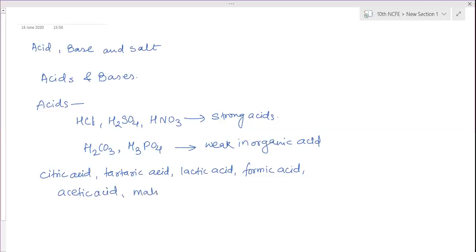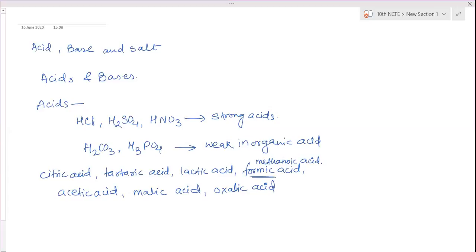Malic acid, oxalic acid. Ma'am, the one that's there in ant sting? Formic acid, that is methanoic acid, both are same.